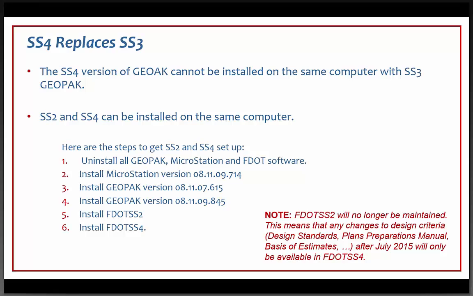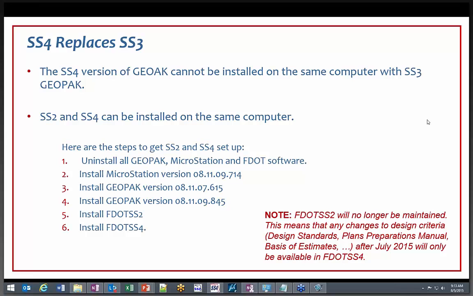Now, SS2 and SS4 can be installed on the same computer, though. I just went ahead and put out some steps here for you. What I would recommend doing in that case is uninstall everything, and then install the newest version of MicroStation, the 714, that supports SS4, and it will also support the SS3 version of GEOPAK too.